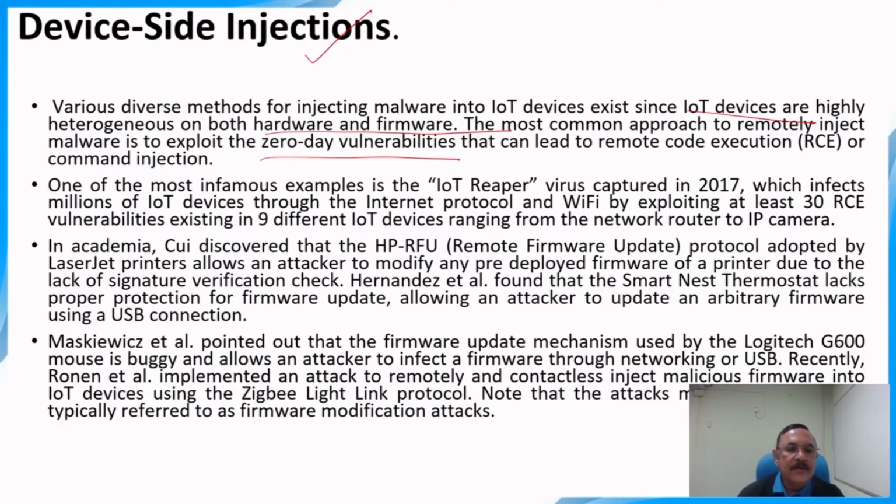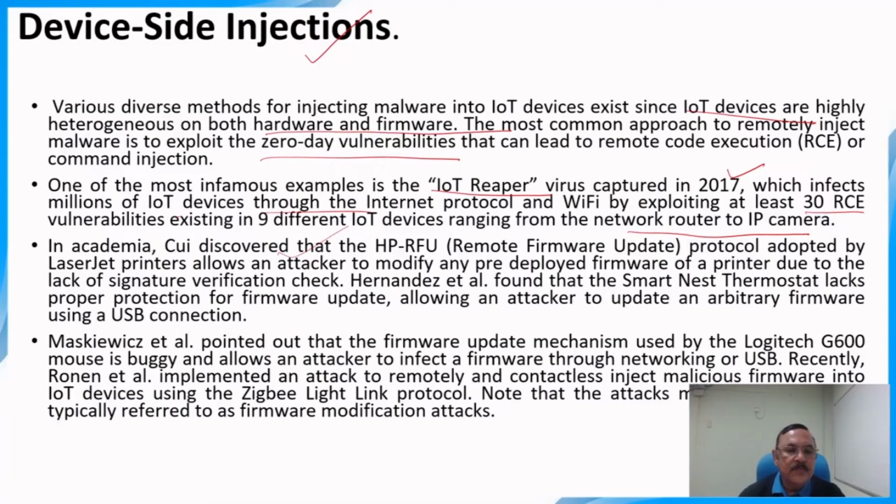One of the most infamous examples is the IoT Reaper virus, captured in 2017, that infected millions of IoT devices and Wi-Fi by exploiting at least 30 RCE vulnerabilities in 9 different IoT devices, ranging from network routers to IP cameras.